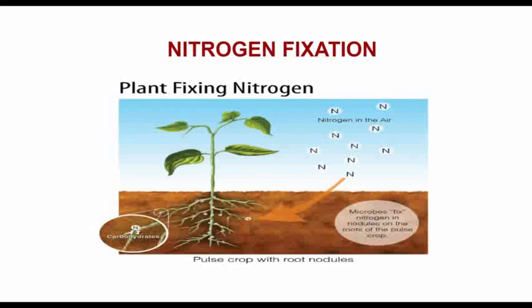It is essential for the proper growth of all plants. The plants cannot make use of the elemental nitrogen from the air as such. The plants require soluble compounds of nitrogen. Plants depend on other processes to supply them with nitrites.